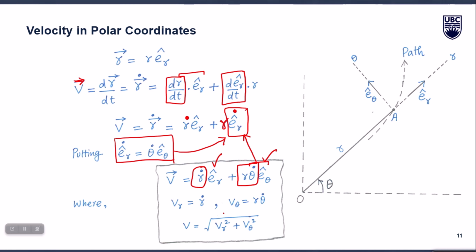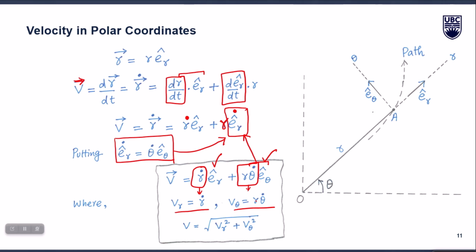So let's denote them as V sub r, so V sub r equals r dot. Let's denote this as V sub theta, r theta dot, right? So at any time instant, we can also determine the magnitude of the total velocity using square root of Vr square plus V theta square, right?